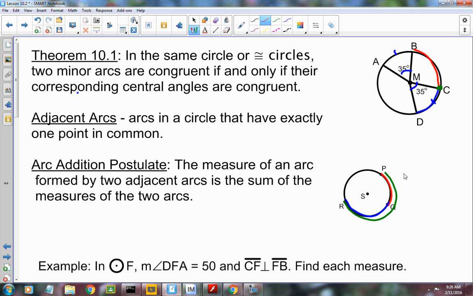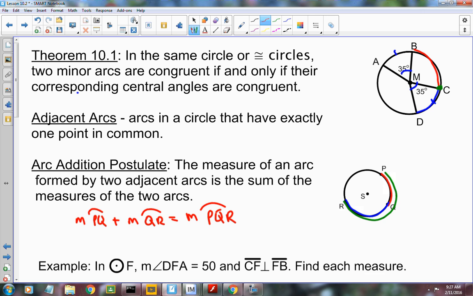Now, when you talk about the measure of the arc, use a little m in front, just like you do in angles. So the measure of arc PQ plus the measure of arc QR equals the measure of arc PQR. And I got to use three letters because now it becomes a major arc.